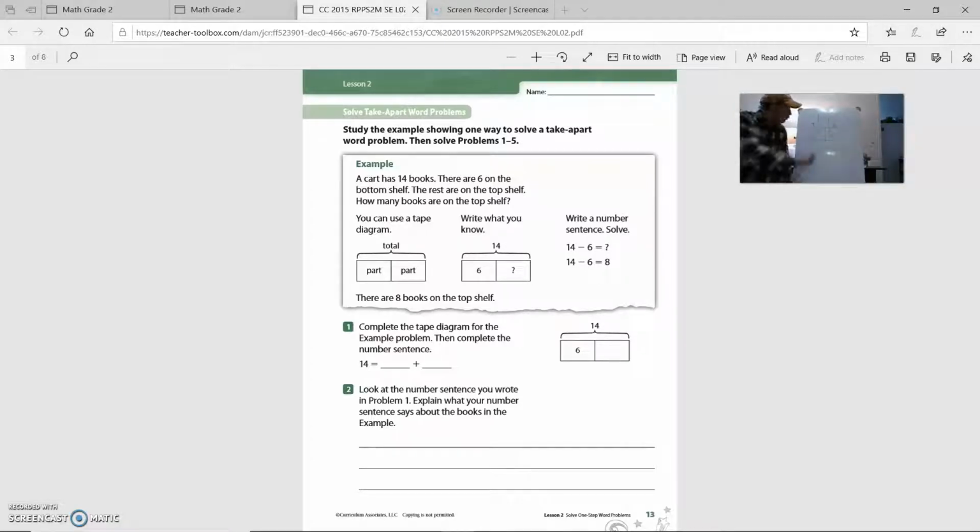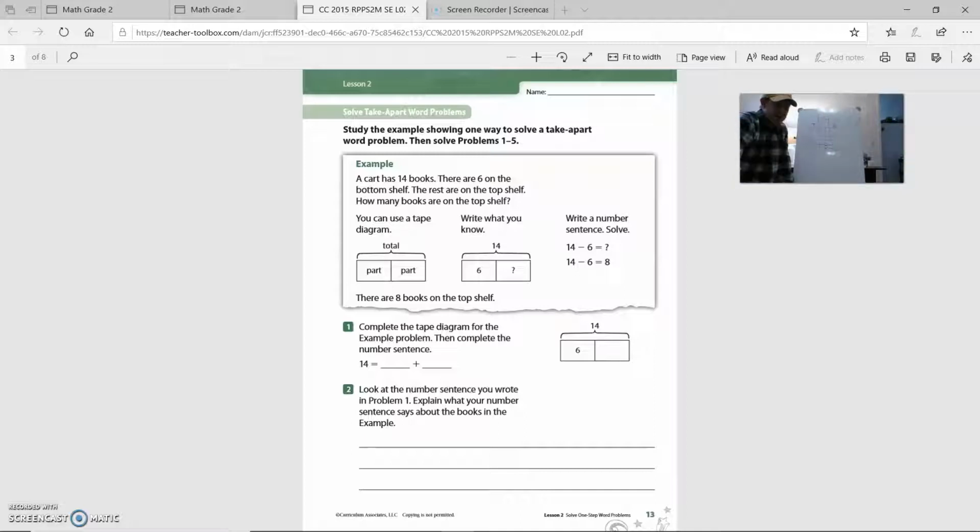Now, what is this tape diagram actually telling us? Well, kind of like the number bond, it's telling us a few things. It's telling us that if we have 14 and we subtract 8, then we'll get 6.